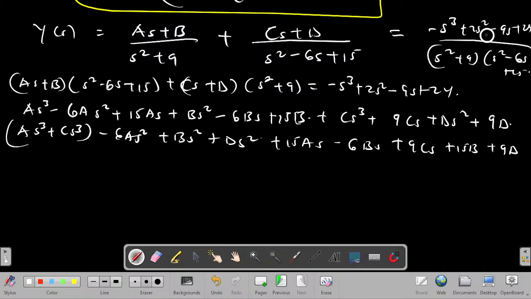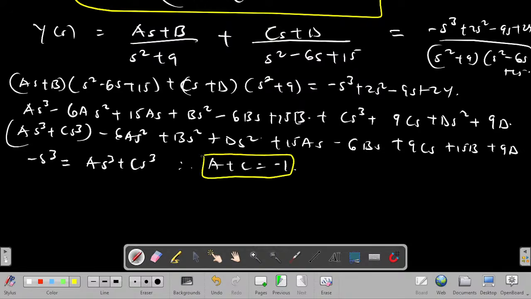Then we do like terms, right? So here I have negative s cubed equal to As cubed plus Cs cubed, right? My s cubed goes away and you realize I have A plus C is equal to what? Negative 1. Is that not it? Yeah. You circle it. When I come to my s squared, I have negative 6A plus B plus D. What's the s squared? 2s squared, right?